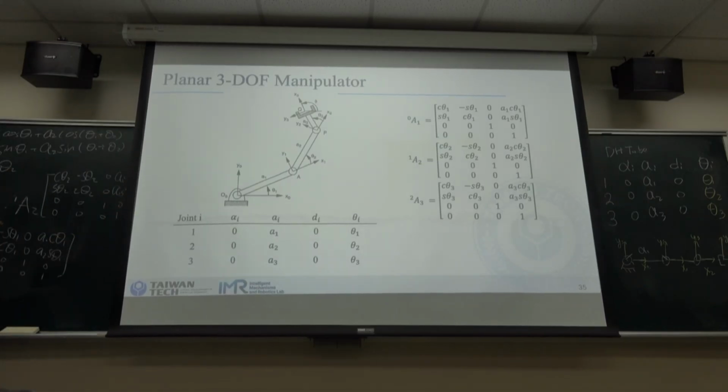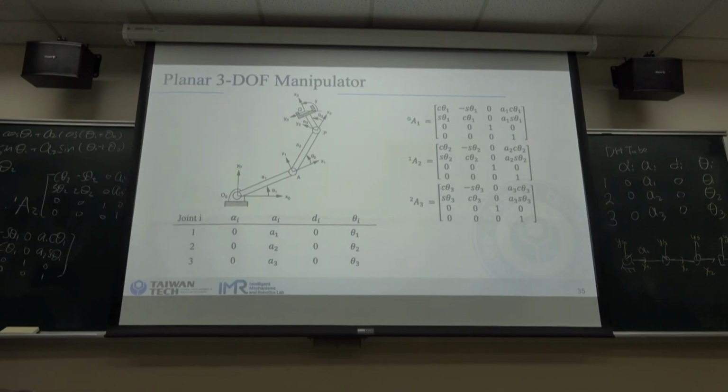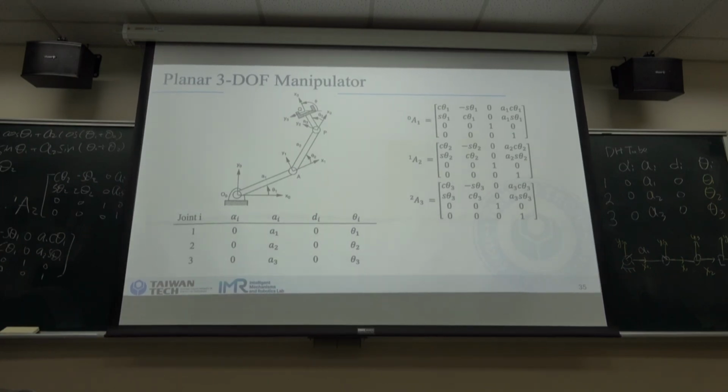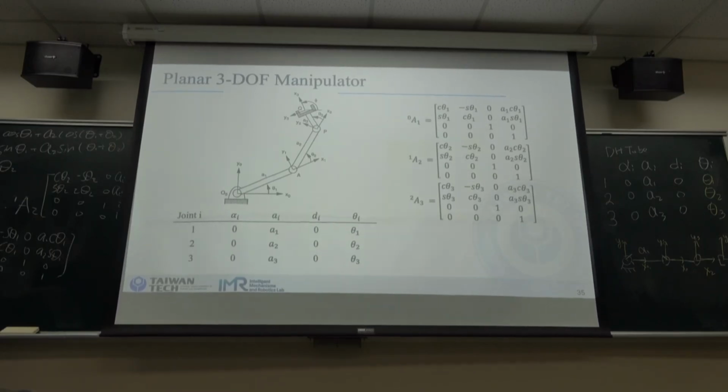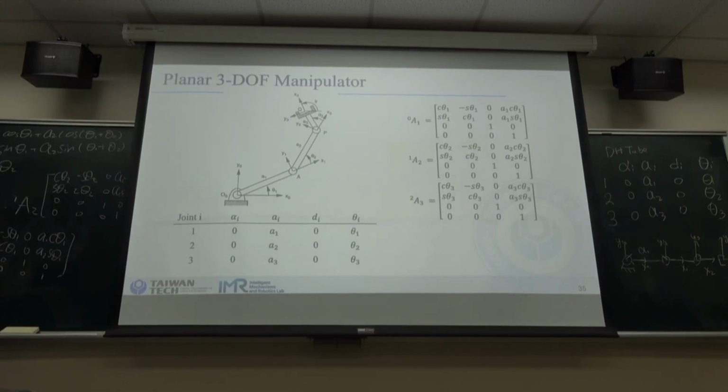So we multiply these 2 together, and the first one is cosine theta 1 sine theta 2.